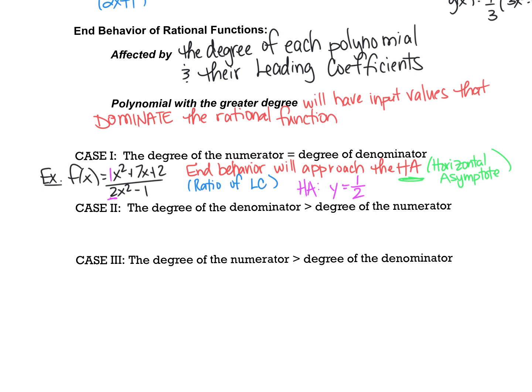And so my end behavior, when we get to limit notation in just a second, is that the function's going to approach 1/2 as x approaches positive and negative infinity. So our function's going to approach that horizontal asymptote as long as the degree of the numerator equals the degree of the denominator. Good. Those are the best kind. So that's case 1.